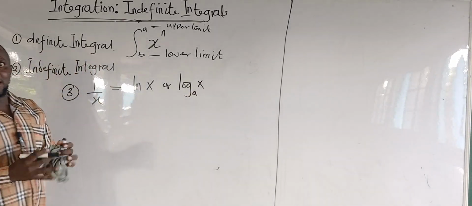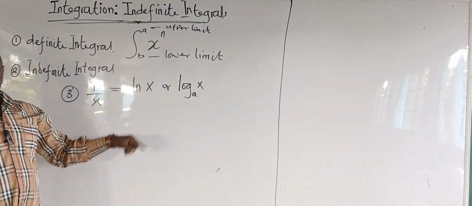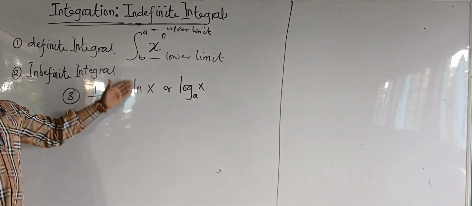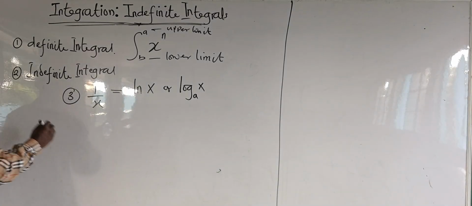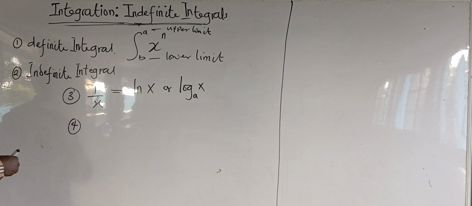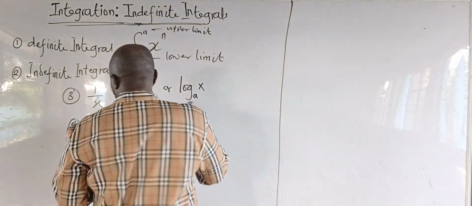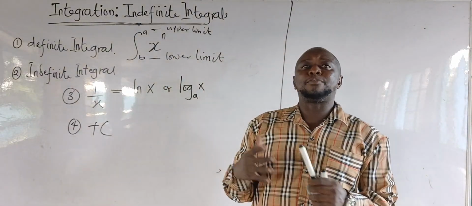But I would prefer we use this. So ln is natural log of x. Anywhere you see 1 over x, you put ln x there. And the fourth thing you have to note, wherever you start integrating, in your final answer you must add plus c there.